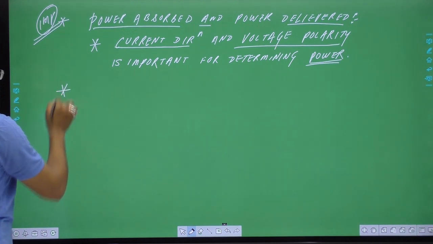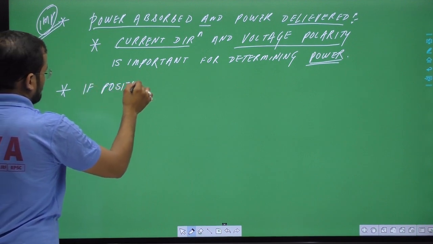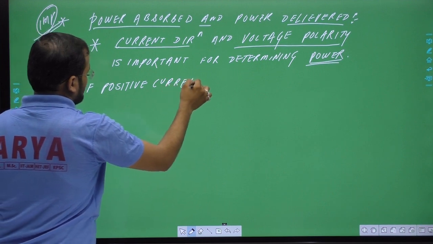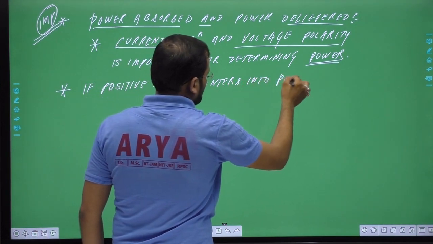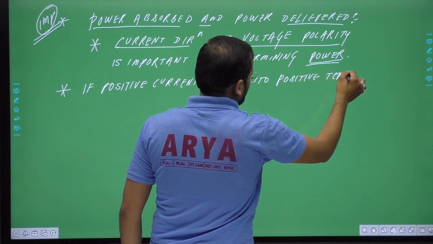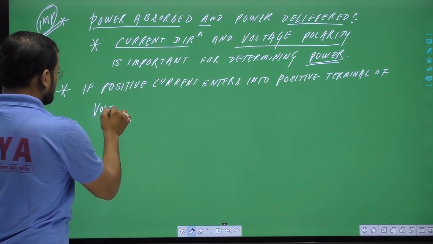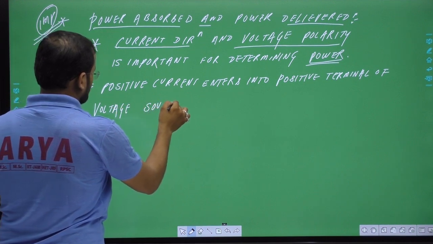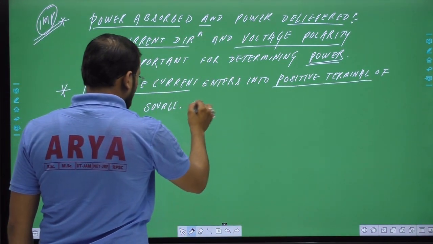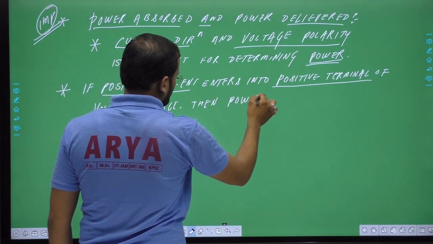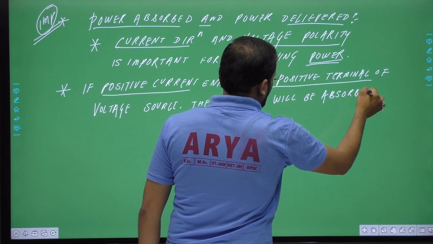Now I will give two definitions. First one is, if positive current enters into the positive terminal of a voltage source, then power will be absorbed.